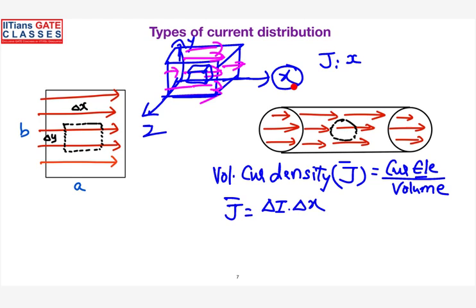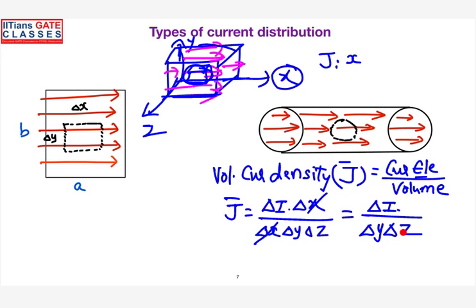So delta I into delta x divided by the volume of this cuboid, which will be delta x delta y delta z. Your delta x gets cancelled, so that will be delta I divided by delta y into delta z. So the unit of volumetric current density will be ampere per meter into meter, that is, ampere per meter square.